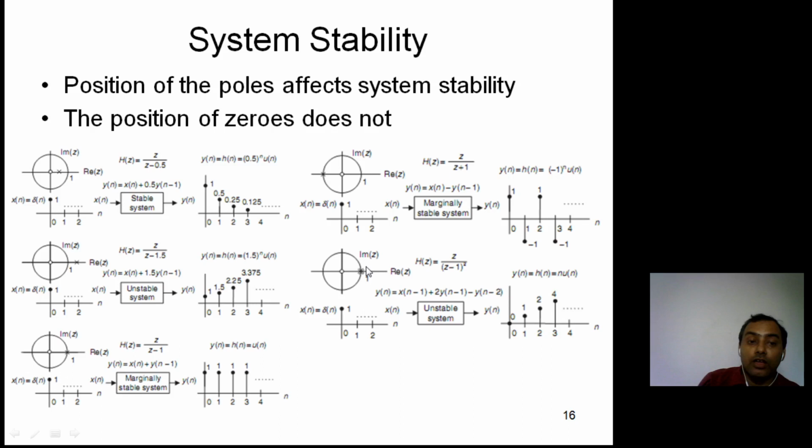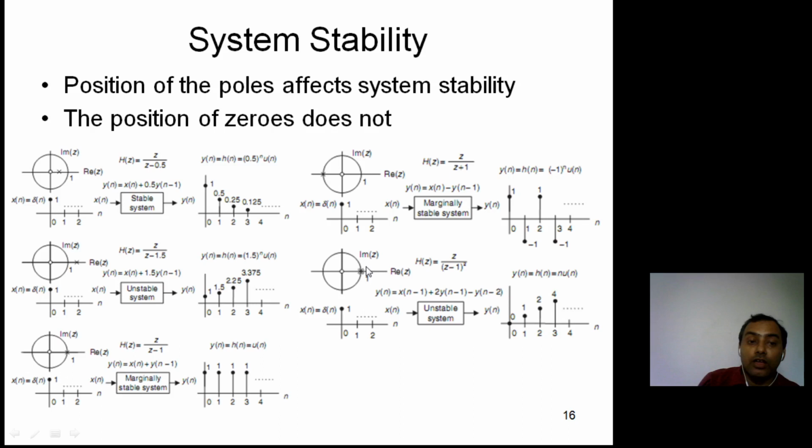Discrete Fourier transform, DFT, is the discrete equivalent of the continuous Fourier transform. If you remember, you have studied the Fourier transform in your previous classes, continuous-time Fourier series and all, in your M.Tech.